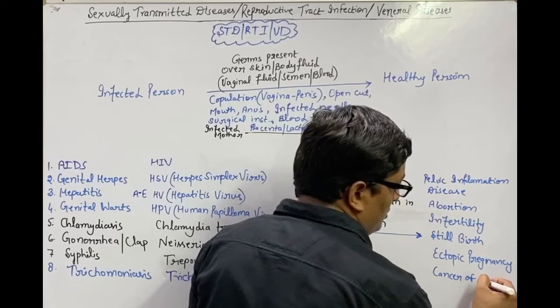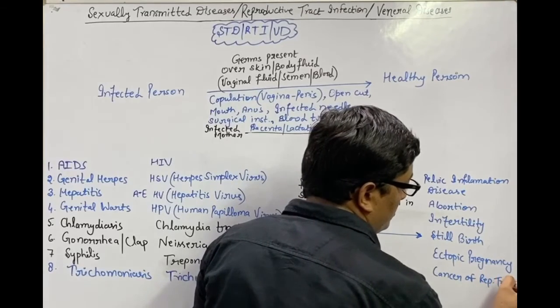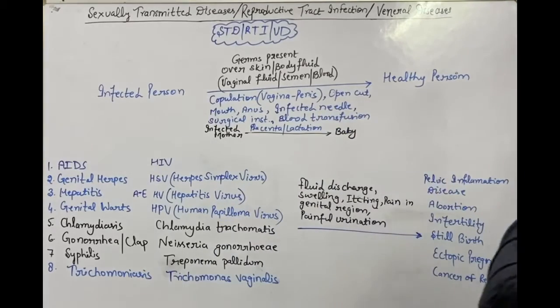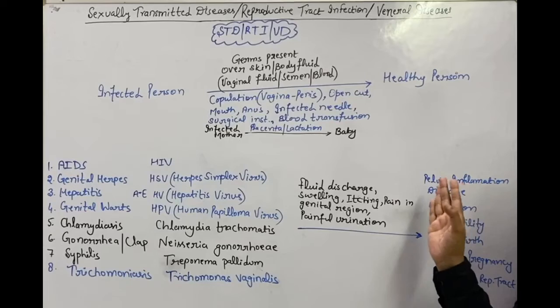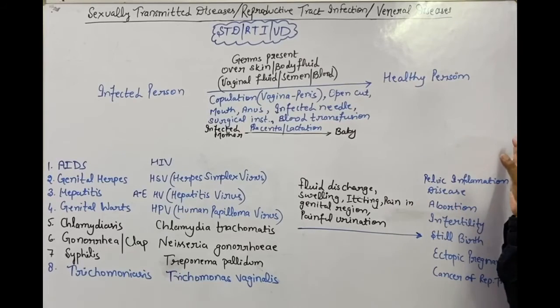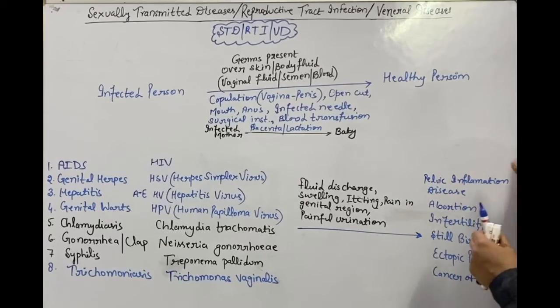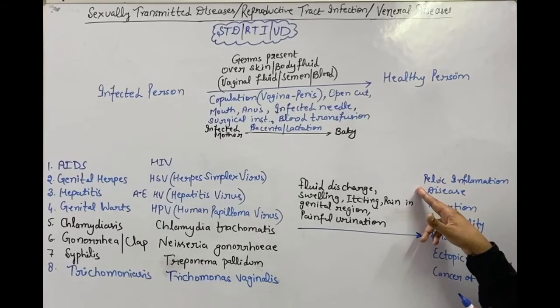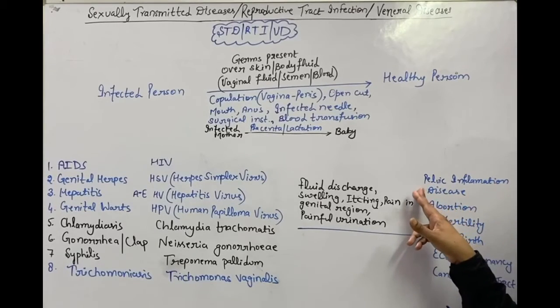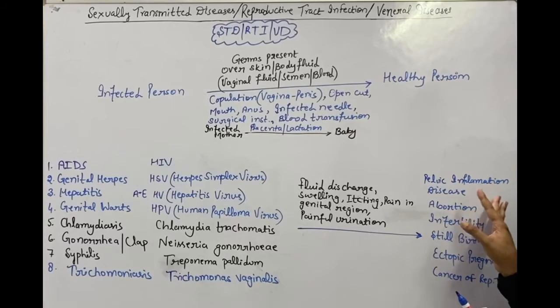In pelvic inflammatory disease, the infectious germs are transmitted from the vagina to the uterus, then to the fallopian tube, and ultimately reach the ovary. It is a female reproductive infection and it deteriorates the reproductive function of the female.